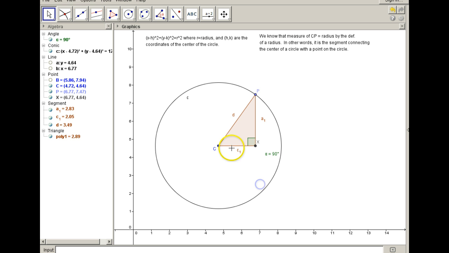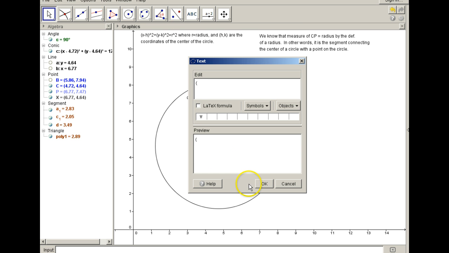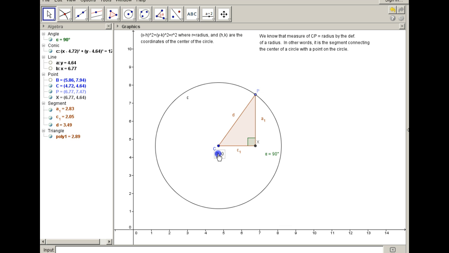The formula has H and K, this value H and this value K, as the coordinates of the center of the circle. So for us to derive that, we're going to say that point C is at H, K. Whatever value we have for X and Y, they're going to be called H and K. Since this is at K on the Y-axis, this would be H on the X-axis and K on the Y-axis, right?